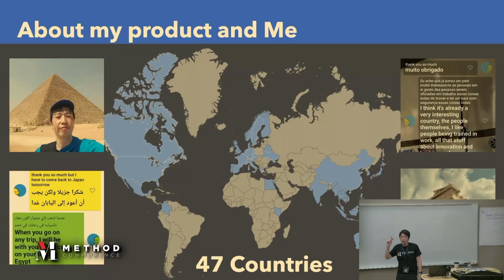Each country has its different culture. Through these experiences, I learned a lot of things. To provide more attractive features to people all over the world, AI was super effective to accelerate our mobile app development.